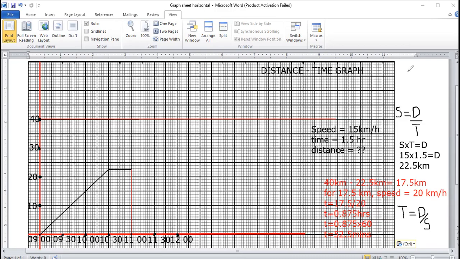So what I have over here is a 30-minute time, which is shown by 10 boxes. It means I have 3 minutes per small box. This is what I have got right now.